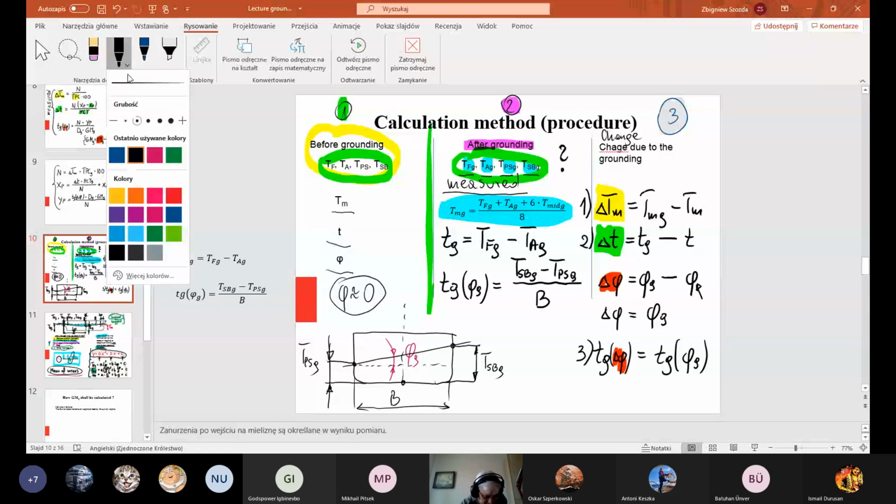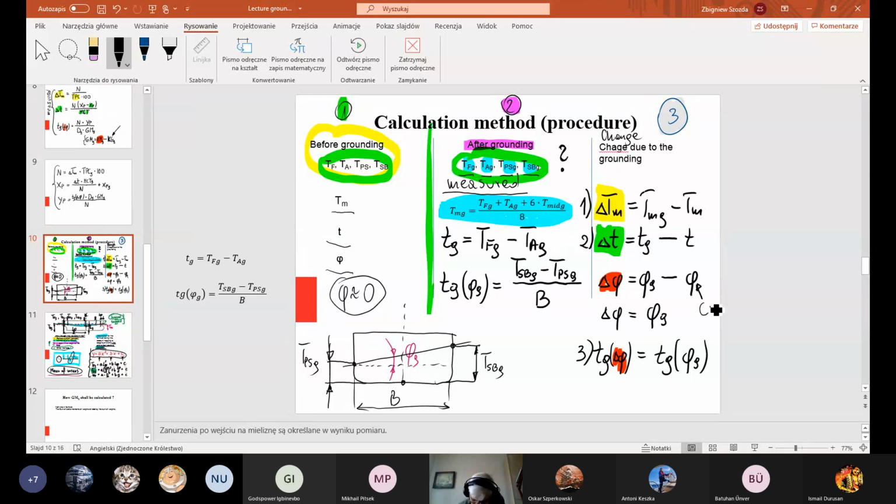If we assume, and usually we do, that the initial angle of heel is equal to 0, it means that the change of the angle of heel is equal to the angle of heel after grounding. So the tangent of the change of the angle of heel is just the tangent of the angle of heel measured after grounding. But this is of course an assumption.